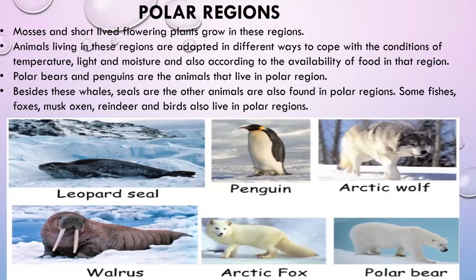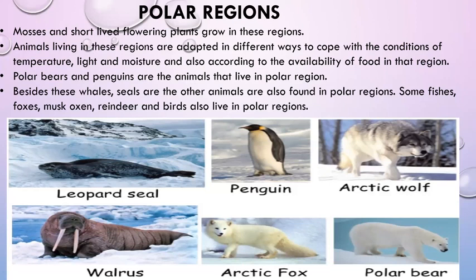What type of flora and fauna are found in polar regions? Mosses and short-lived flowering plants grow in these regions. Animals living in these regions are adapted in different ways to cope with the conditions of the temperature, light, and moisture, and also according to the availability of food in that region.